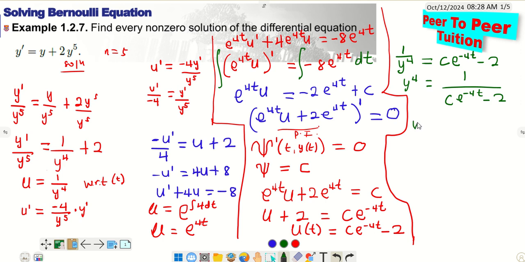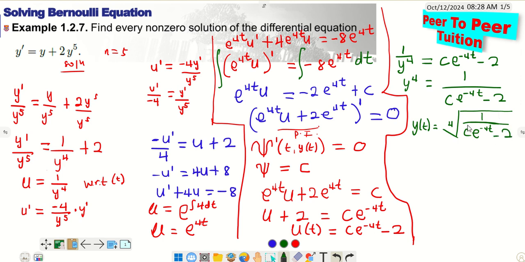So we can say that y of t should be equal to the fourth root of 1 over c e to the power negative 4t minus 2.